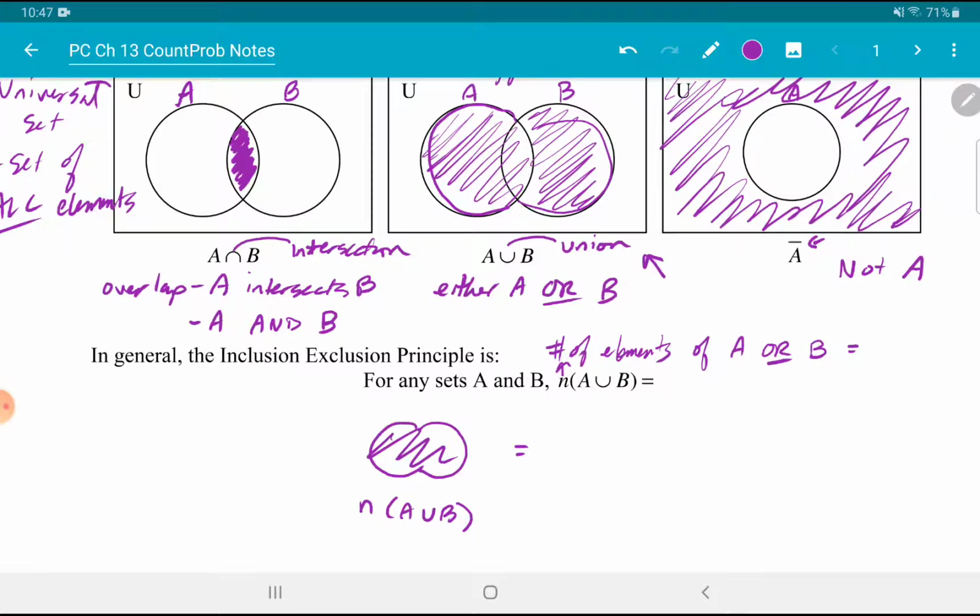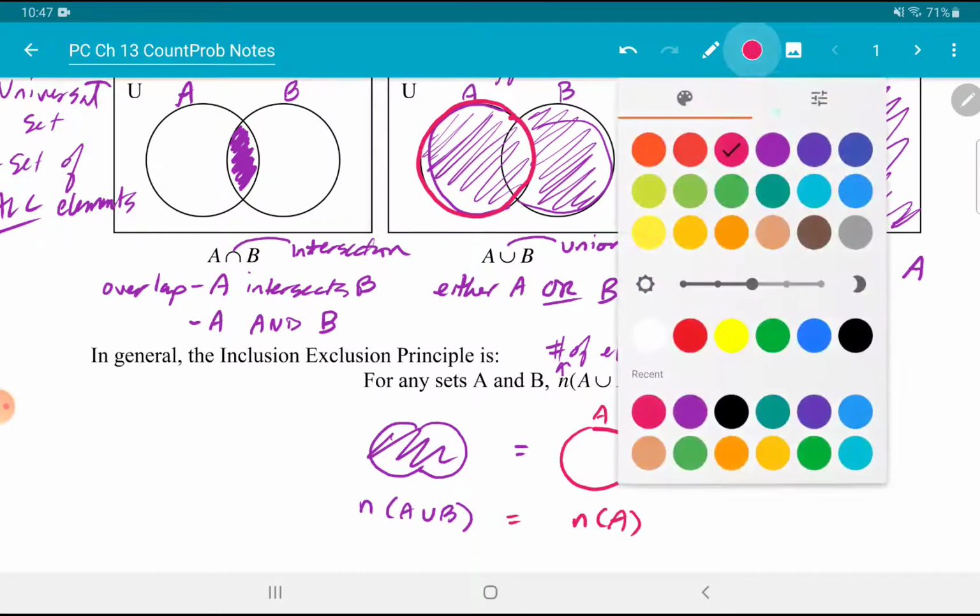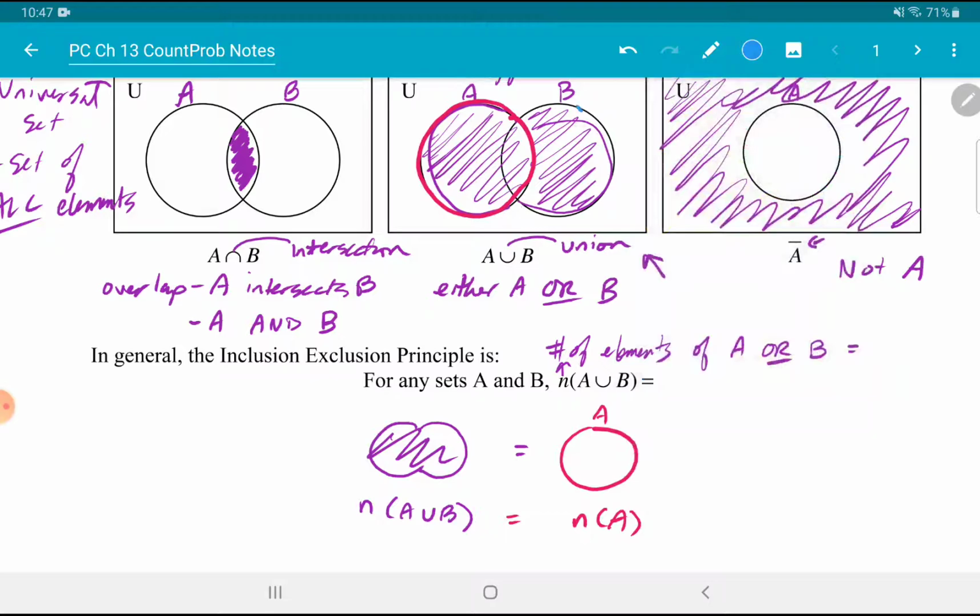It's equal to, well, how do we create it? Well, what we're using here is the number of elements of A, the entire circle here of A. Okay, so it's equal to the number of elements of A. And then what else did we do? Well, we also combined it with the number of elements of B. We're adding on this full circle, which is the number of elements of B. However, when you add two circles, notice what happened.